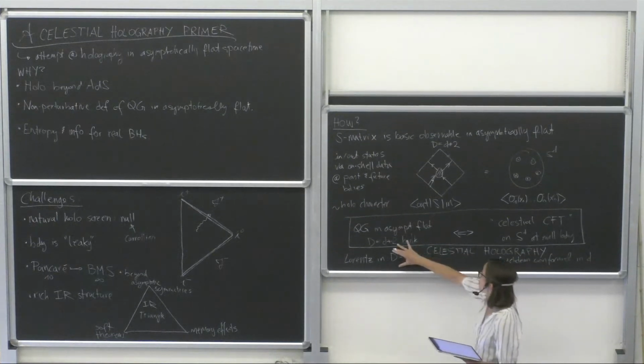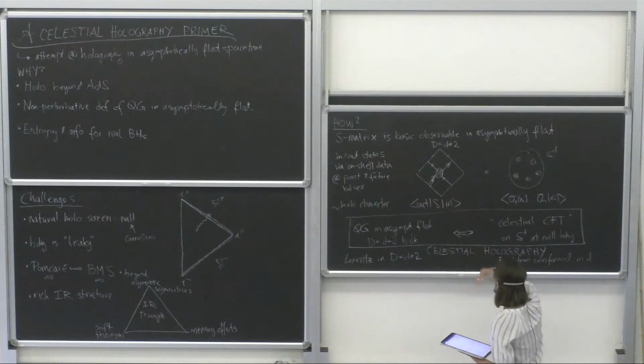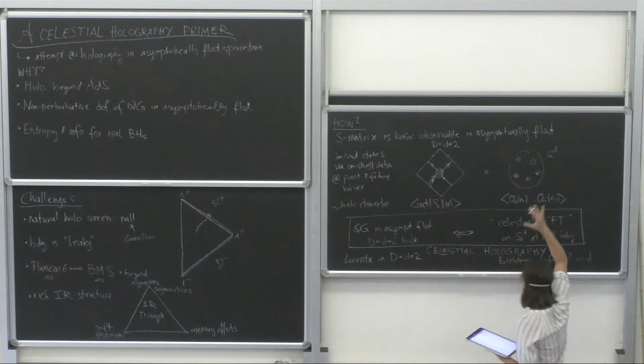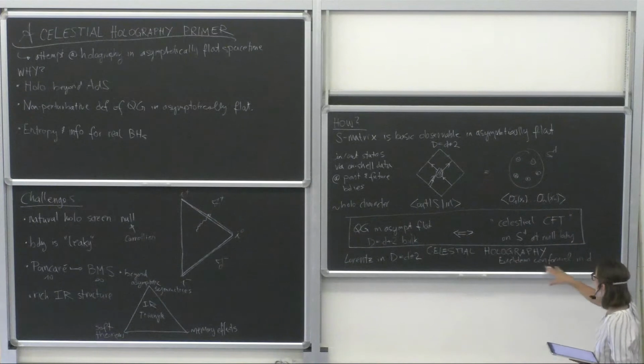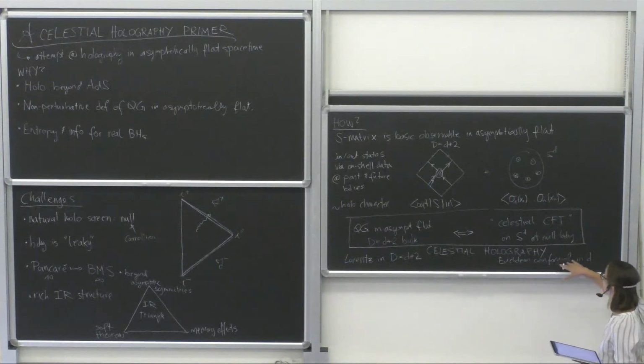And by exploiting these properties, we are allowed to recast the S matrix, which preserves Lorentz symmetry, as something that transforms in a well-defined way under the global conformal group on this sphere at the boundary.